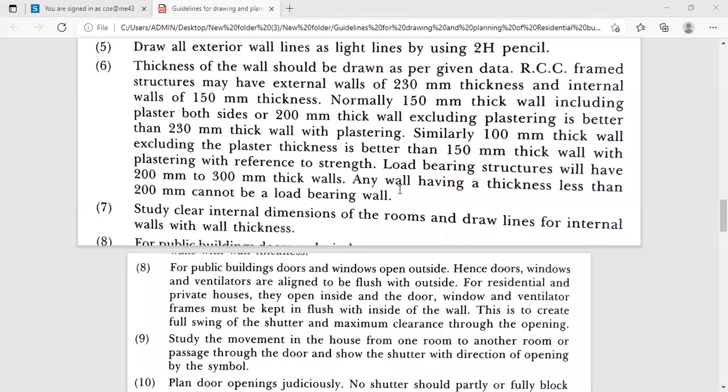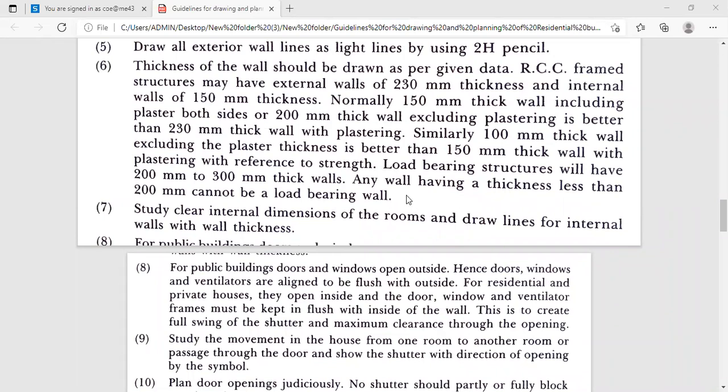So to sustain that load, we have to provide sufficiently thick walls in load bearing structures. Any wall having a thickness less than 200 cannot be a load bearing wall.